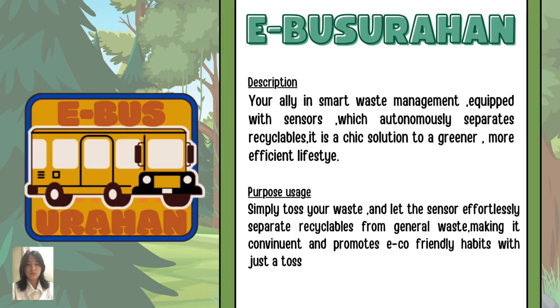E-Busurahan is a smart technology for waste management, equipped with sensors that autonomously separate recyclables. It is a chic solution to a greener and more efficient lifestyle. Simply toss your waste and let the sensors effortlessly separate recyclables from general waste, making it convenient and promoting eco-friendly habits with just a toss.